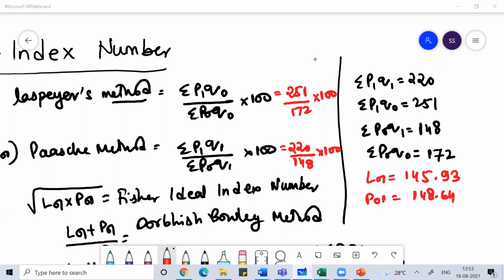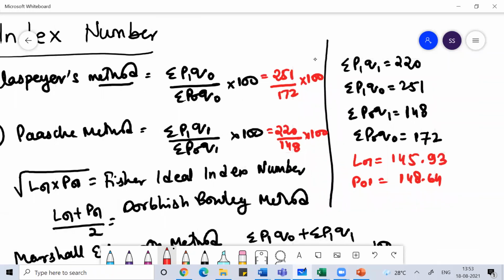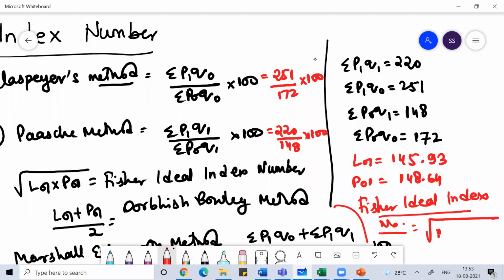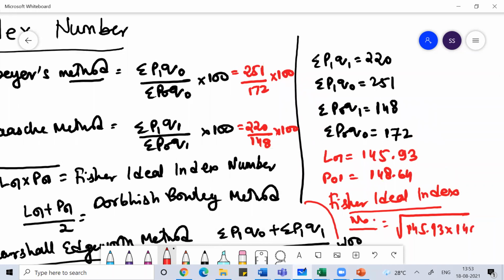If you ask me what is Fisher ideal index number, that will be the square root of 145.93 into 148.64.